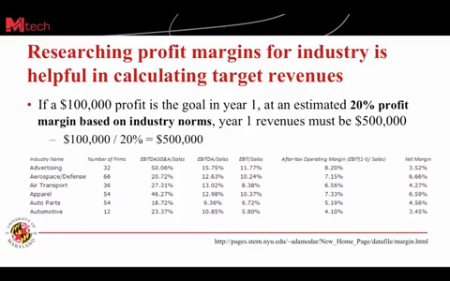This also shares some research in different industries on average margins, so you can find this type of data. On the far right-hand side, you can see net margins. You can also see different margins and percentages, profits as a percentage of sales, and other factors that may help you in really developing sound financials that you can justify.